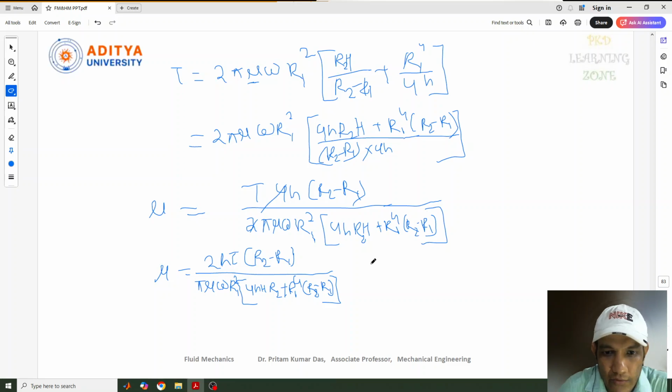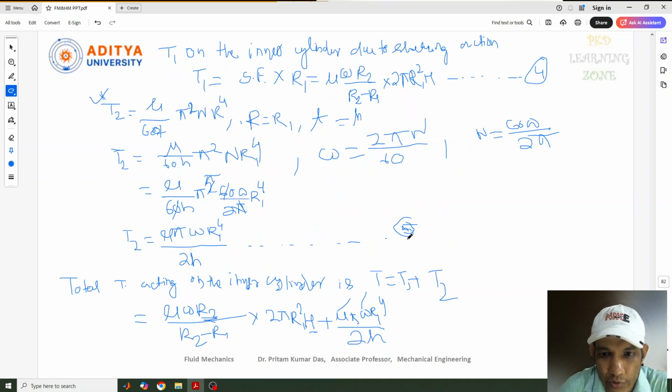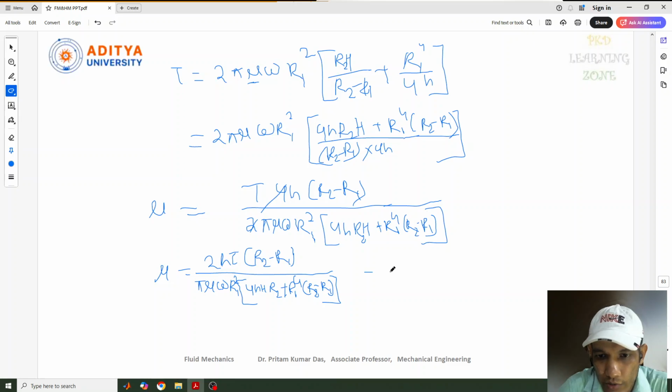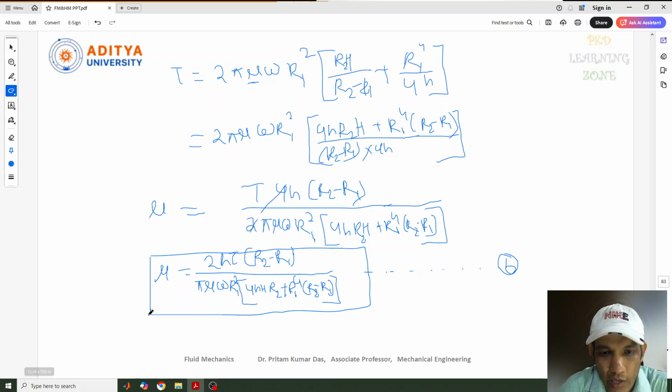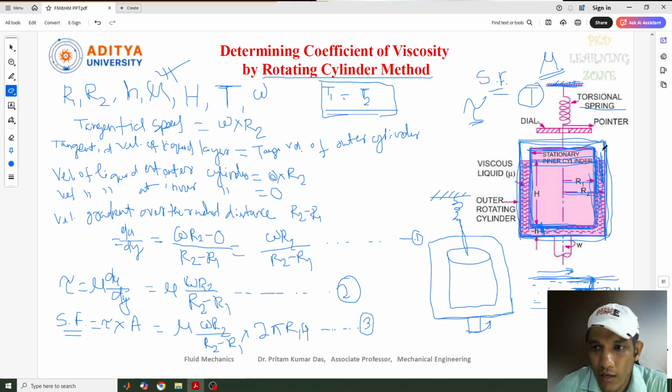So this is the final equation of viscosity. Equation 5 is done, so this one we call equation 6, the equation of the coefficient of viscosity, identified from this concept, and that concept is the rotating cylinder method.